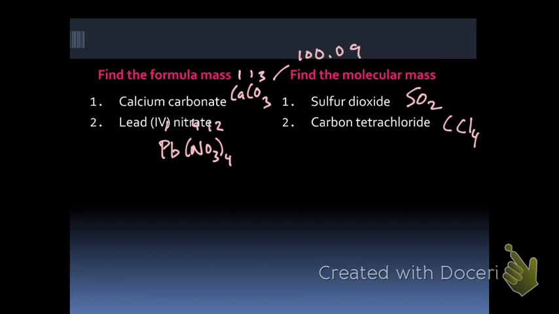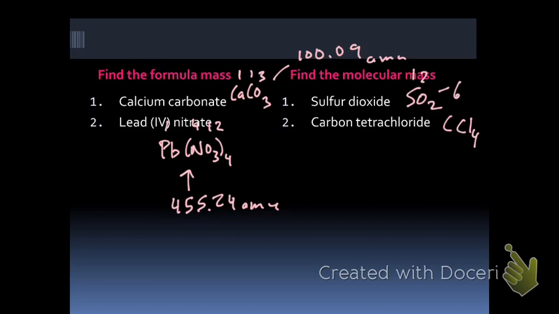Lead is 207.2, plus nitrogen, which is 14.01 times 4, plus oxygen, which is 16, and I have 12 of them. Altogether, this is 455.24 AMU. Let's look at sulfur dioxide. I have 1 sulfur and 2 oxygens: 32.07 plus 16 times 2.